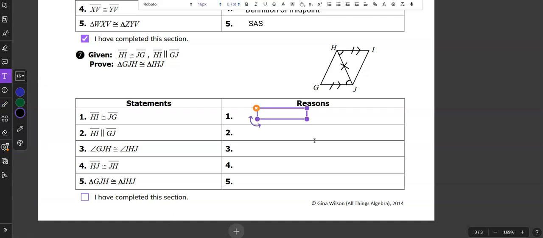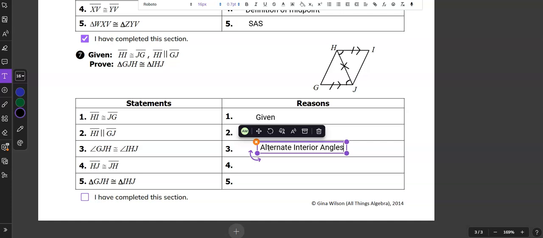So again, HI being congruent to JG was given information. HI being parallel to GJ is also given information. GJH and IHJ being congruent is because alternate interior angles are congruent.